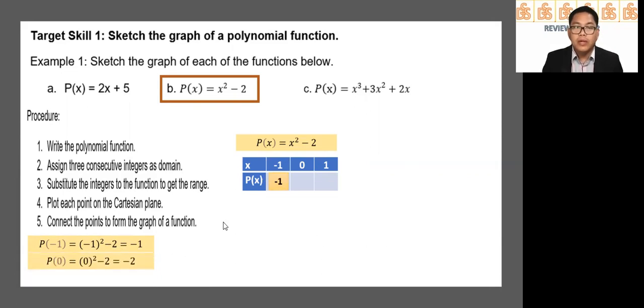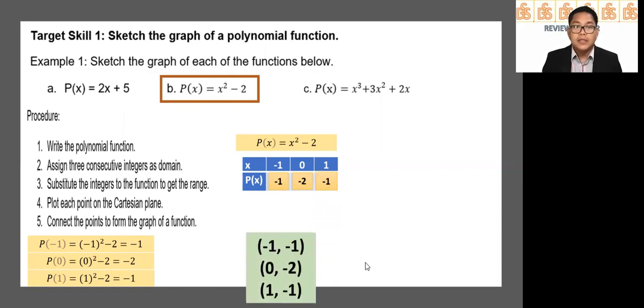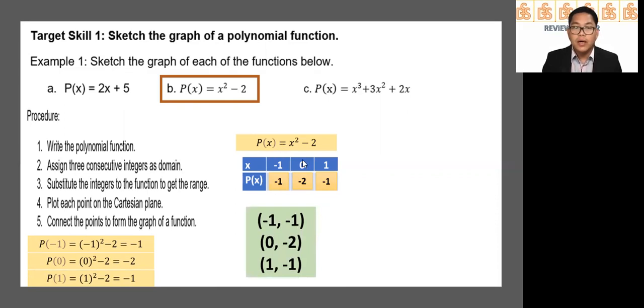So I have here negative 1. And then when I replace x by 0, I have 0 squared is 0, minus 2 is negative 2. And if I replace x by 1, I have here again negative 1. And with this, I have 3 points: negative 1, negative 1; 0, negative 2; and 1, negative 1.